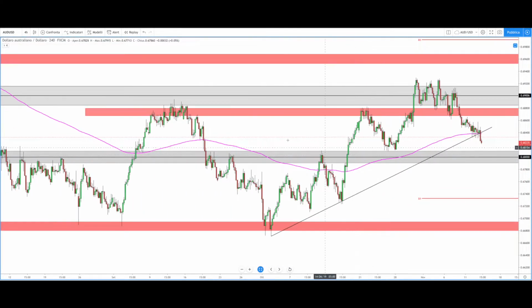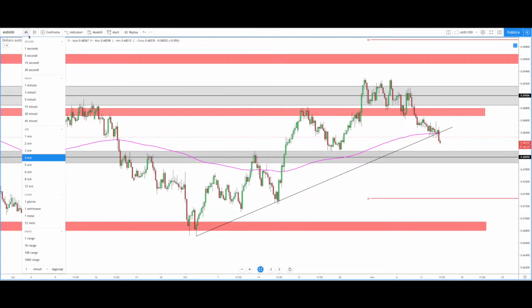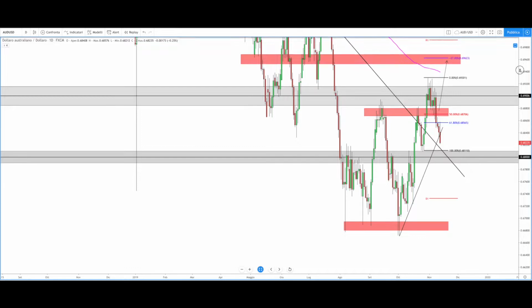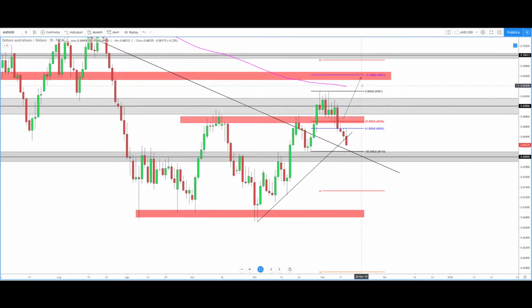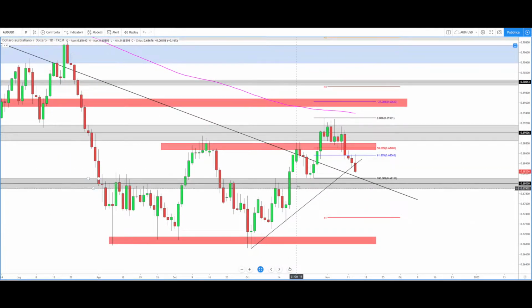But looking at the bigger picture, guys, we can see here that on the daily time frame the price failed to go lower here, and from this point start a strong bullish movement that here failed to break this bearish trend line and this slowdown area, and didn't find the strength to reach this monthly support here, 0.69.